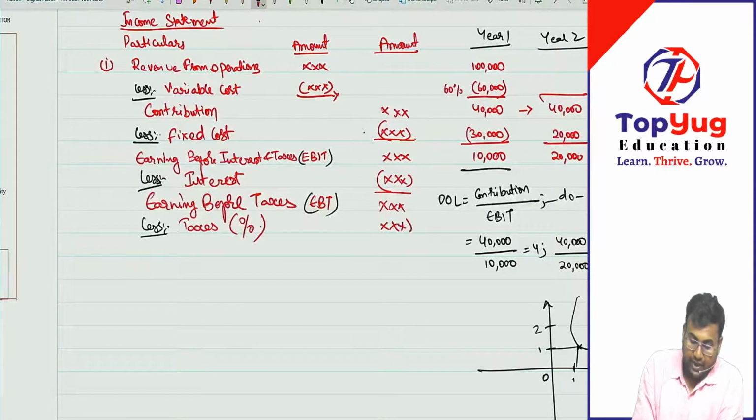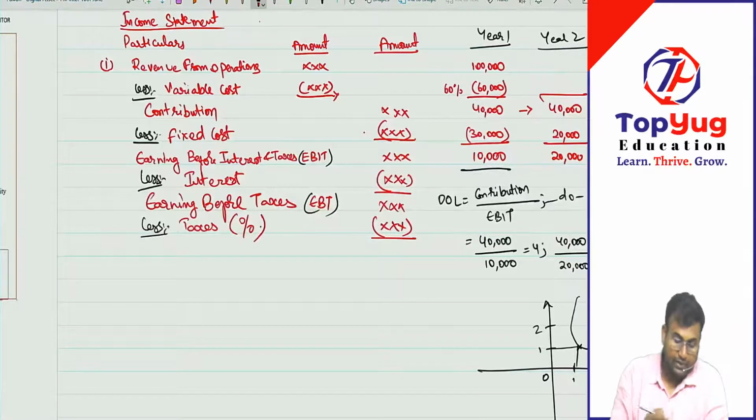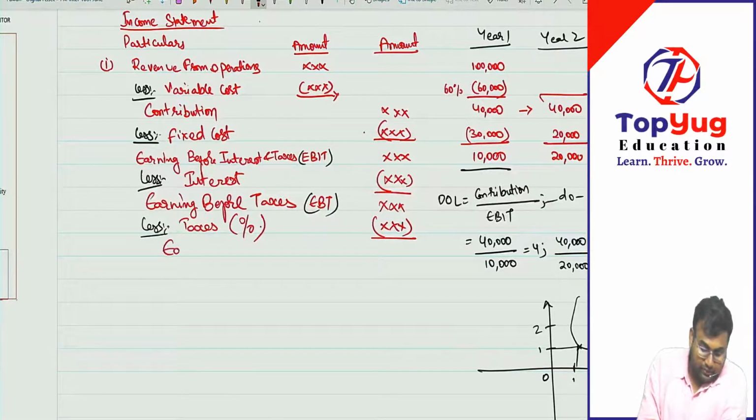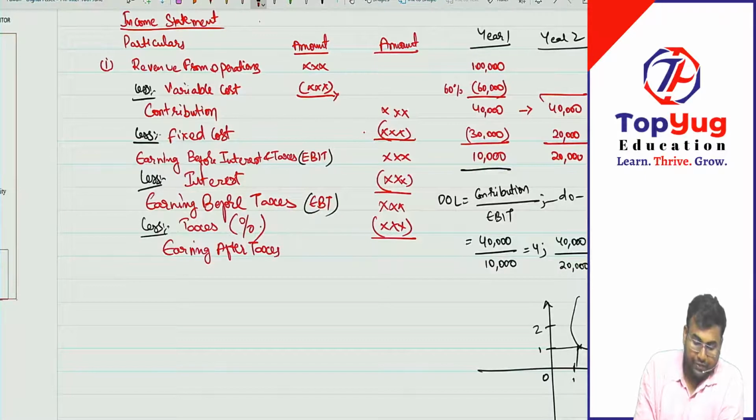Whatever the tax is there, I will minus it off. I will arrive at a number which will be called PAT or earnings after tax. Profit after tax or earning after tax, anything is okay.